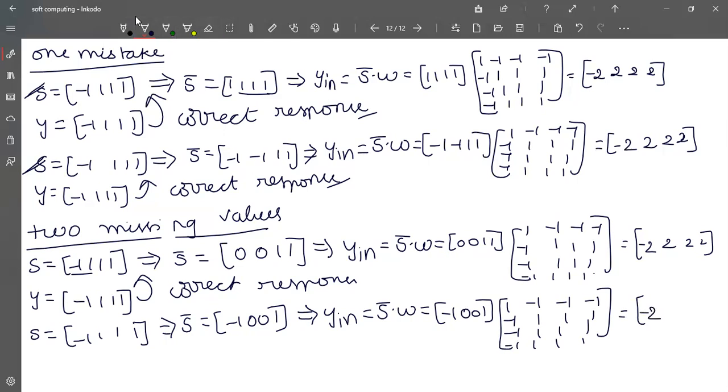And plus 1, 1, 2, 2, 2. So here also we have obtained the correct response. So please do check for further combinations too, like missing the first and fourth values, or first and third values, or second and fourth values. So check all those combinations and see whether you are obtaining the correct response or not if you miss two values in the given input vector.